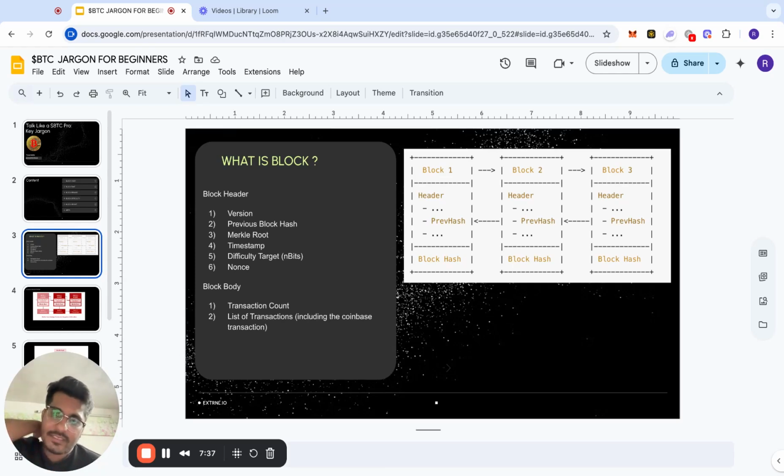Whenever they receive any candidate block, how will they verify which chain this block belongs to? We have the second parameter, the previous block hash. They see which block that previous block hash belongs to, and they add it to that particular chain. This is how the chains are added to and grown.